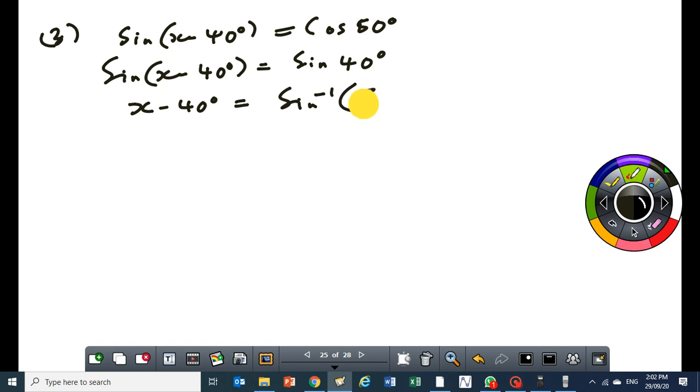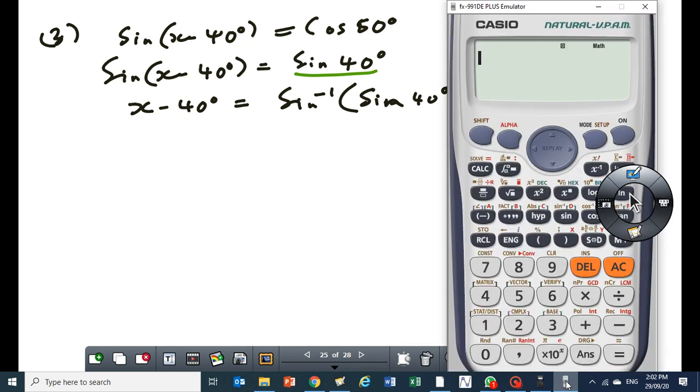So we have to write it as sine 40 degrees. Sorry. It's supposed to be sine 40, not shift sine 40. Like that. Please be aware that this sine 40 is a ratio. If you bring in your calculator, right? If you bring in sine 40 gives you this.